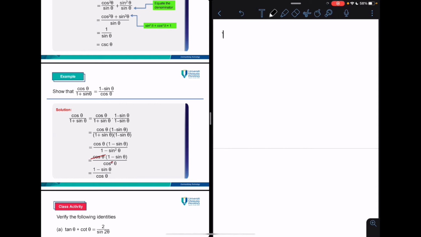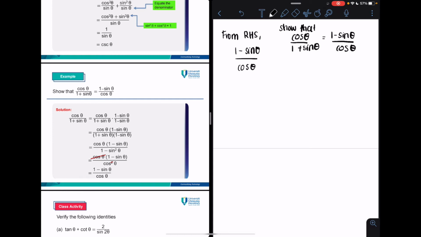So from the right hand side we have 1 minus sine theta over cosine theta. Okay, let me write the question first. Show that cosine theta over 1 plus sine theta equals 1 minus sine theta over cosine theta.